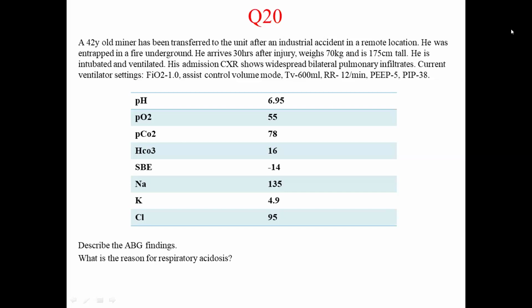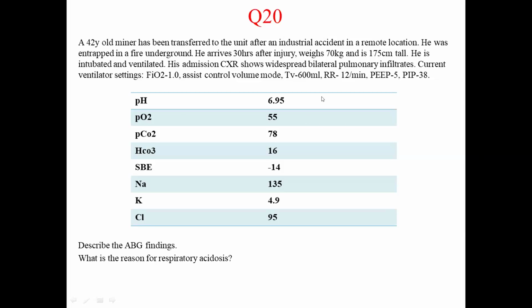Suppose we even take it as 7.0, the delta H will come 80 minus 0, it will be 80. It is 6.95, that means the delta H will be more than 80, so delta H by delta PCO2, more than 80 divided by 38, will be very high, more than 2.